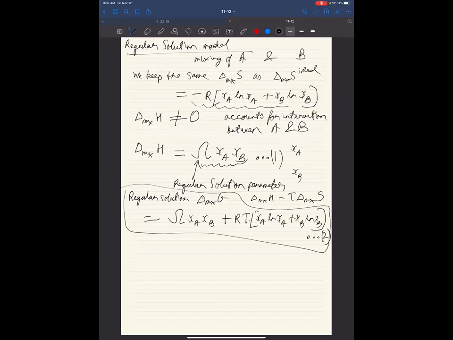All we did was to keep the same entropy of mixing as the ideal solution. And we said, look, things are not ideal. So if you mix things together, they are going to talk to each other, and there might be some change due to that. Could omega be positive? We said if omega is equal to 0, we recover ideal mixing.